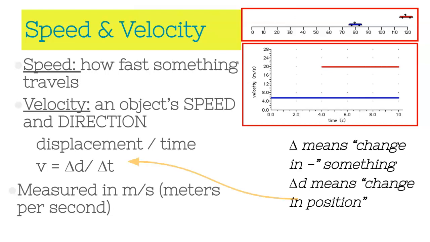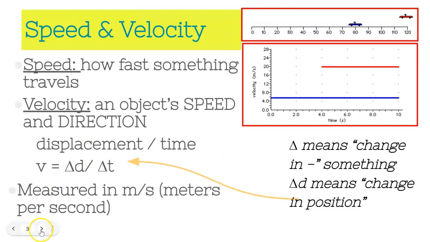And the formula for this is V is equal to delta D over delta T. And delta just means change in something. So delta D is the change in displacement, and delta T is the change in time. So velocity is the change in position, or the displacement, over the change in time, and this is measured in meters per second.